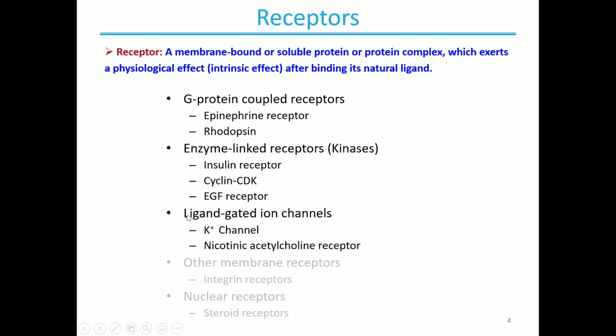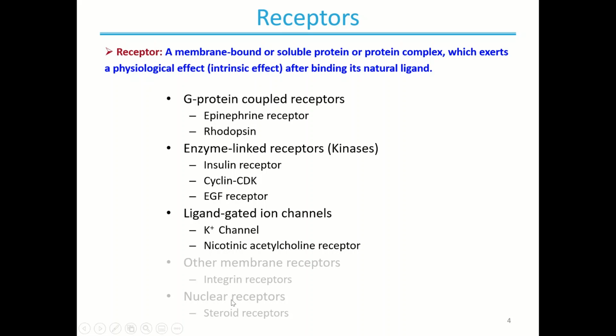Right. Next lecture we'll also be talking a little bit about ligand-gated ion channels, and specifically the sodium channel. It says potassium here, but we'll be talking about the sodium channel specifically next time, and something known as the nicotinic acetylcholine receptor, and both of those are involved in nerve signaling.